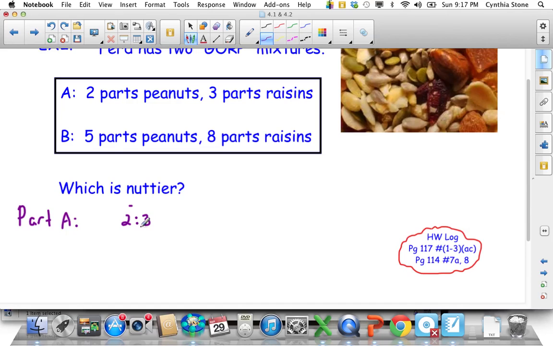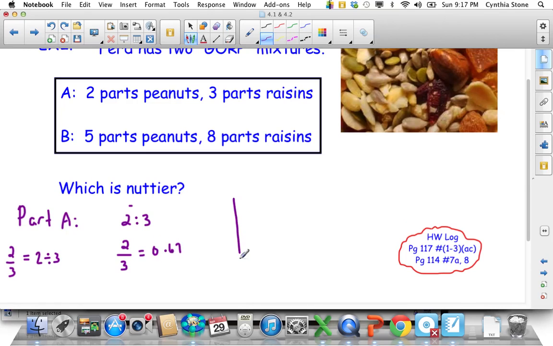I told you earlier that a ratio could also be written like this, 2 divided by 3, and that could be written as a decimal by using the divide button on your calculator. So if I do this, a 2 to 3 ratio is 0.67.